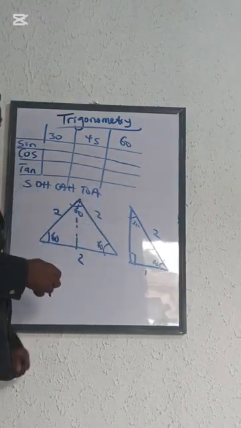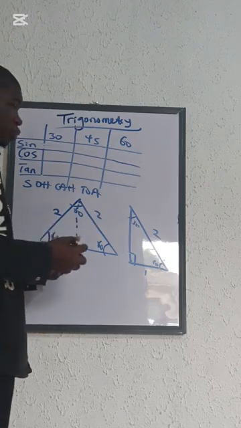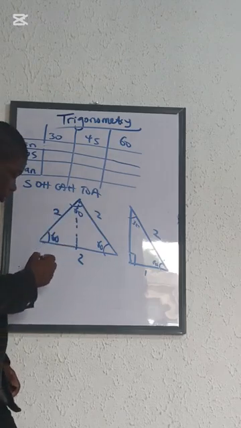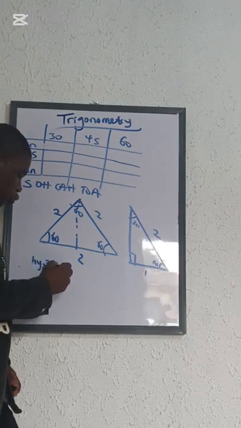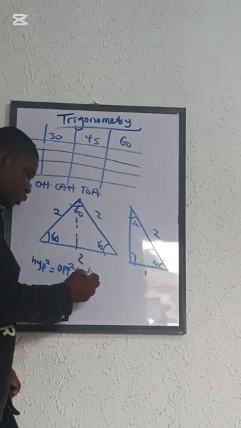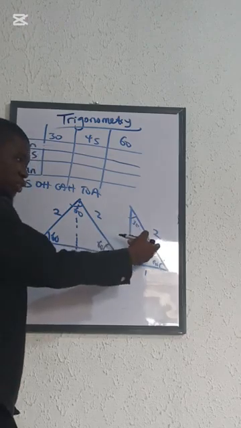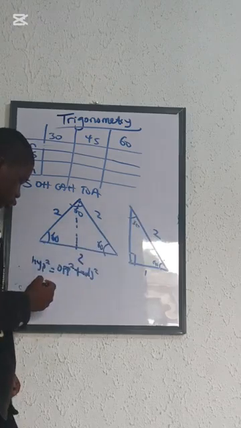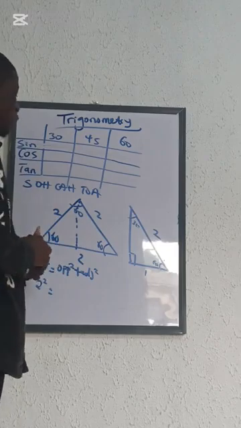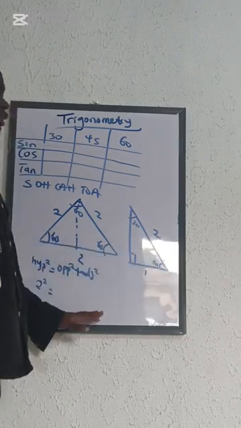How do we get this place? If you remember your Pythagoras theorem, hypotenuse square equals opposite square plus adjacent square. The hypotenuse is the longest side, 2 squared. Now, we can take any one as opposite and any one as adjacent at this point.